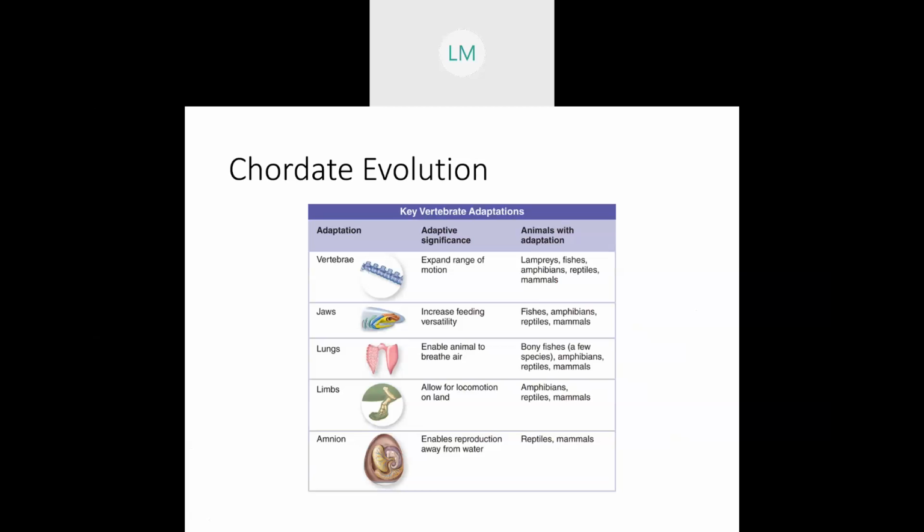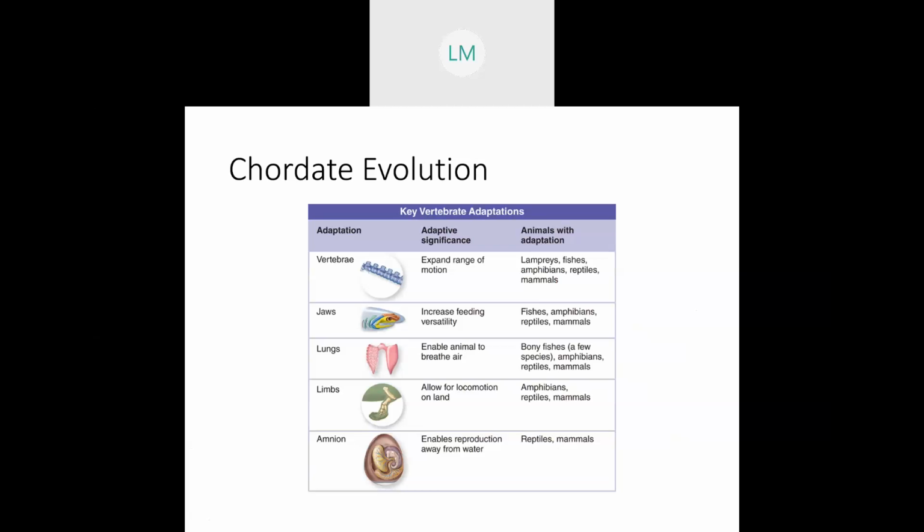These are some of the key vertebrate adaptations that we're going to be talking about. So we've got vertebrae that we add in. Remember that not all chordates are vertebrates. Once we do have the vertebrae, it allows us to expand our range of motion. We have the evolution of jaws, allowing us to increase what we're eating. We have the evolution of lungs, allowing us to breathe air.